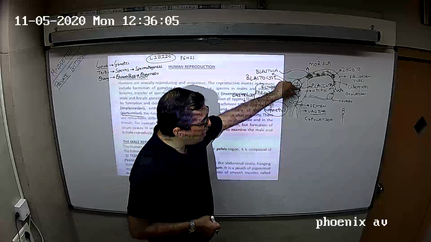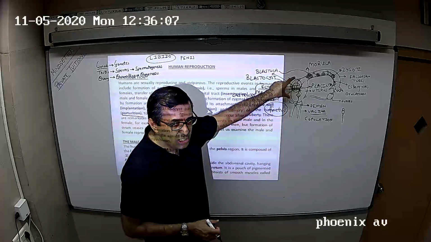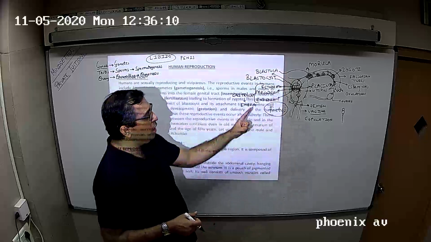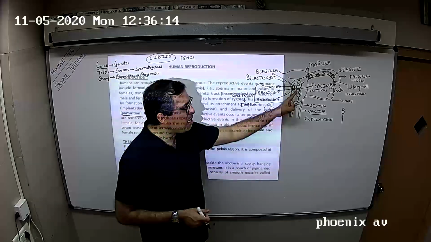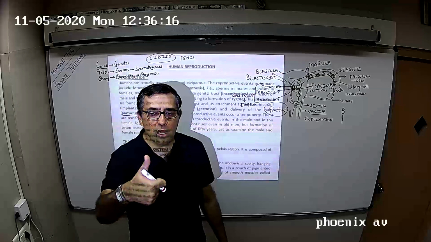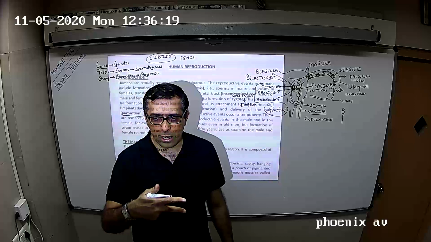The blastula then becomes a large cellular structure called the gastrula. Gastrula has 3 layers of cells in it: ectoderm, mesoderm, endoderm.